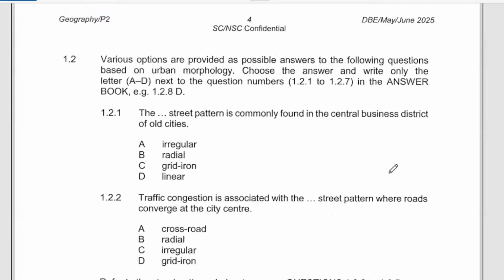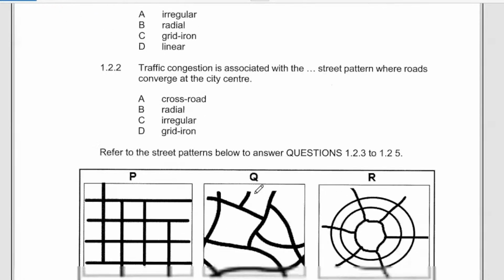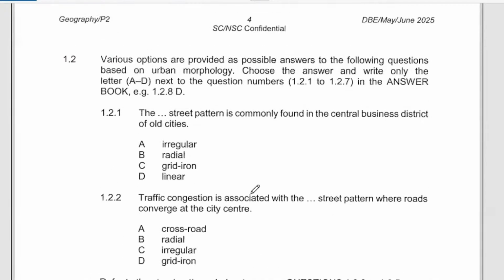Our next question is question number 1.2. Basically it's a multiple choice question where we're supposed to figure out the right responses from the given options. Right, the street pattern commonly found in the central business district of old cities. If we check most of the old cities, they have a gridiron.